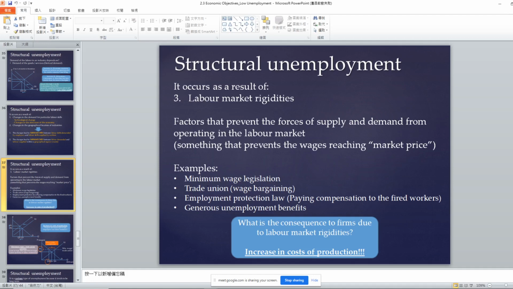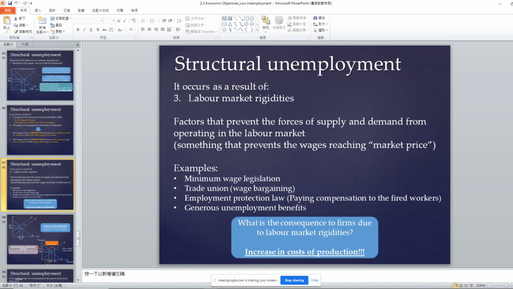Talking about minimum wage, talking about the bargaining from trade unions, different employment protection laws because of the compensation, and sometimes if there are very good unemployment benefits, they will affect the market achieving the market price for the wages, and that is the reason.